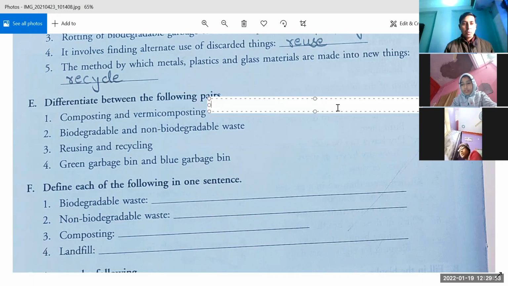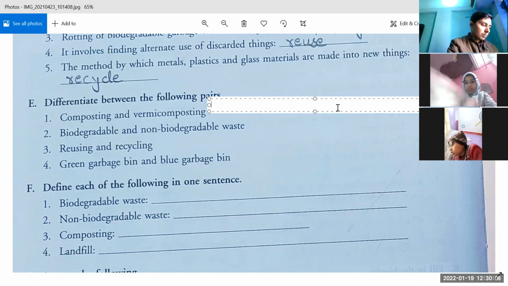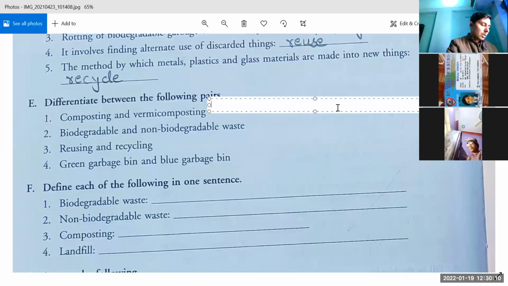First, I will write the composting and vermicomposting answer. It is written at page number 130 in keywords also. I will just modify it and make the new answer.